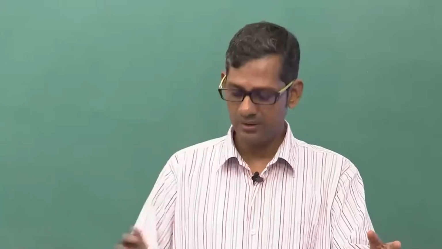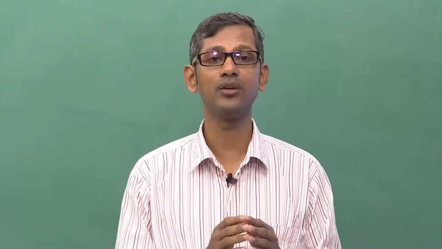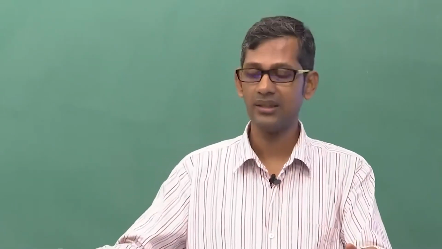These strain energies may not be perfectly plastic, maybe they are elastic also. Whatever the situation, strain energy will exist along these boundaries, and this leads to an increase of the boundary energy. So interface coherency, as you see, can still be attained even if the lattice plane spacings are not matching perfectly along the interface.